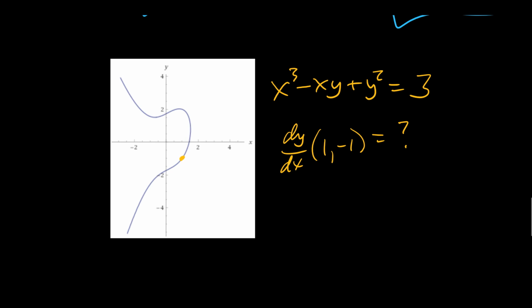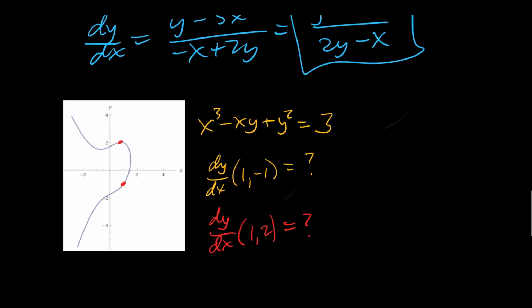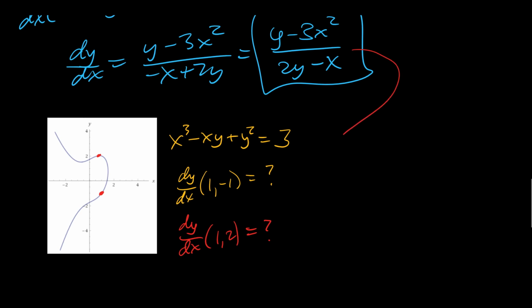We use a different color, red. And then what is dy dx at, let's say, 1 comma 2? So at 1 and then 2. All right, so what is that? So let's see, we have our dy dx up here. We do yellow first.